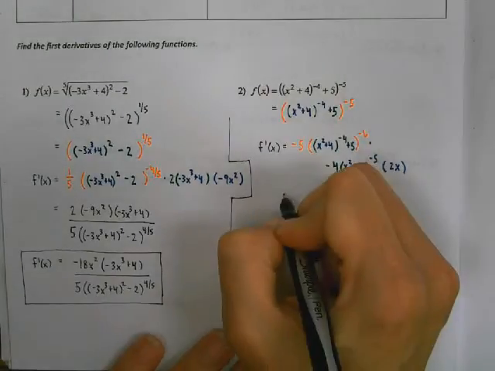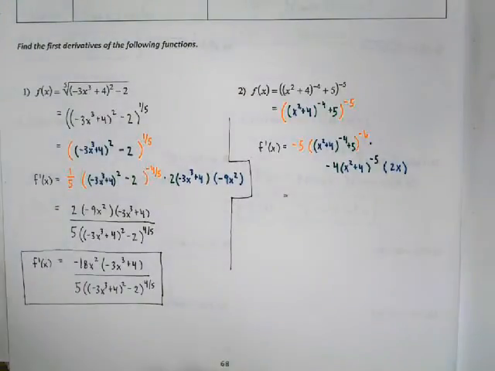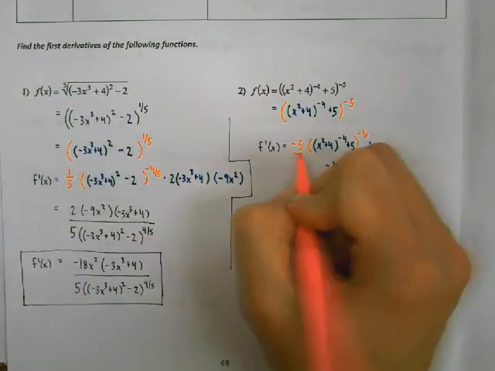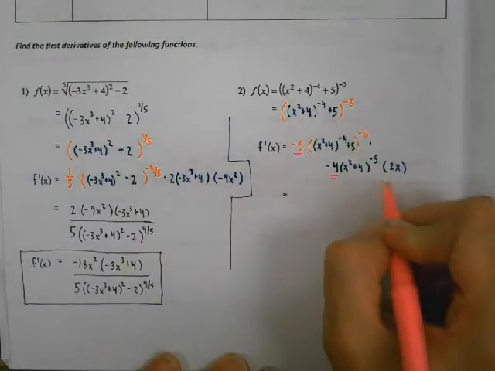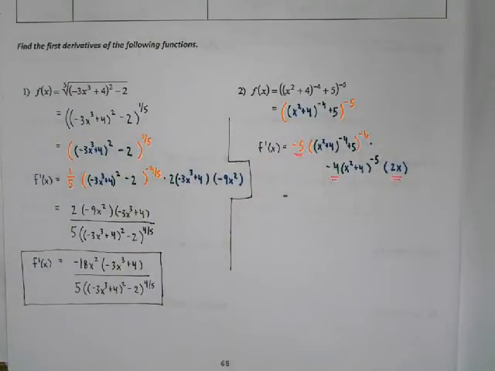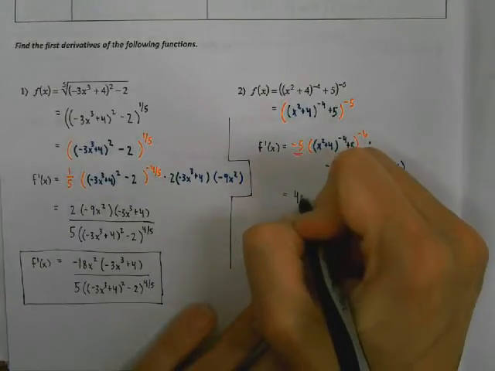So again, the last thing I'm going to do is figure out what I can simplify here. I'm going to take this negative 5 and my negative 4 and my 2x, and I'm going to multiply those factors so that out front I'm going to have a 40x.